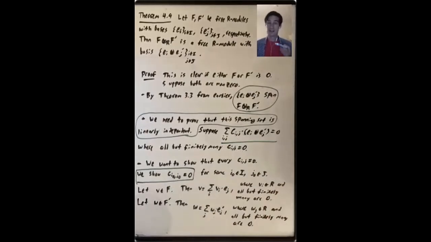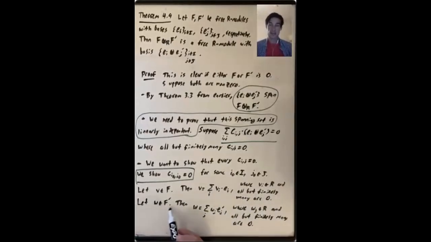All right, so now we're going to use the fact that F is a free R-module, and we have a basis for F, to say, let's say v is any element of F, then we can write it as a finite R-linear combination of our basis vectors. v equals a sum over i of v_i times e_i, where these v_i's are ring elements, and all but finitely many of them are 0.